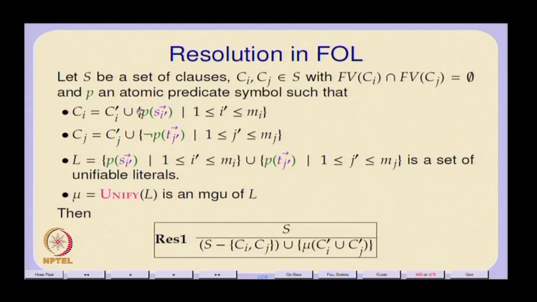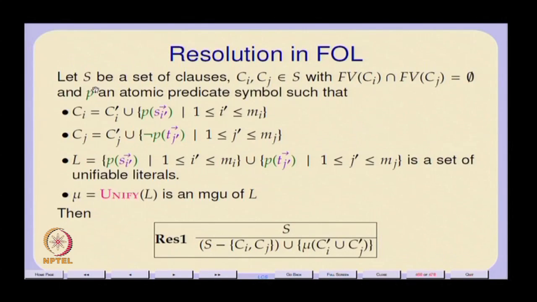So, resolution is most often used in the form of showing unsatisfiability, that is, that there are no models. However, that is not the only way resolution can be used.